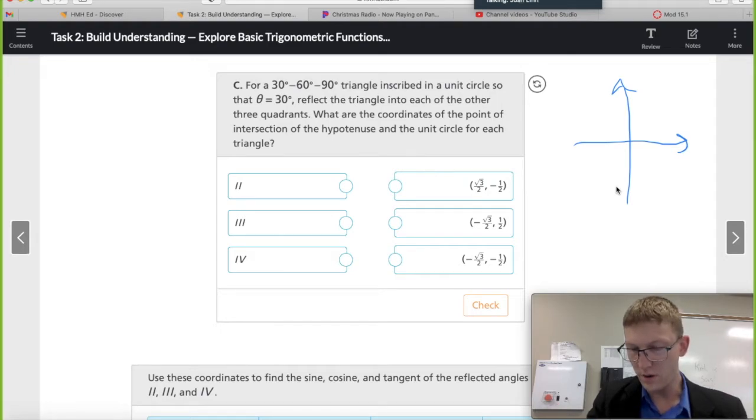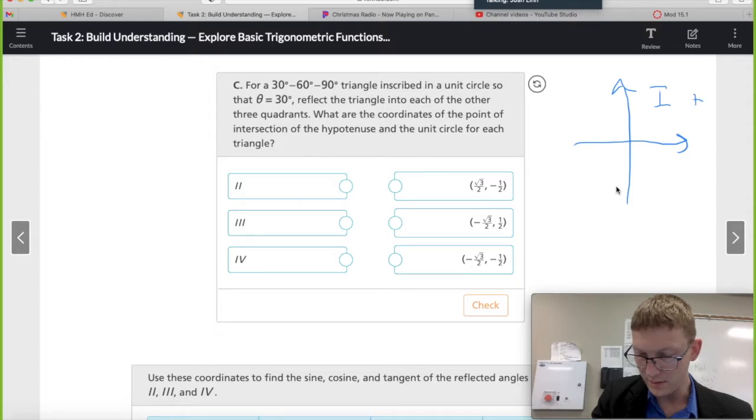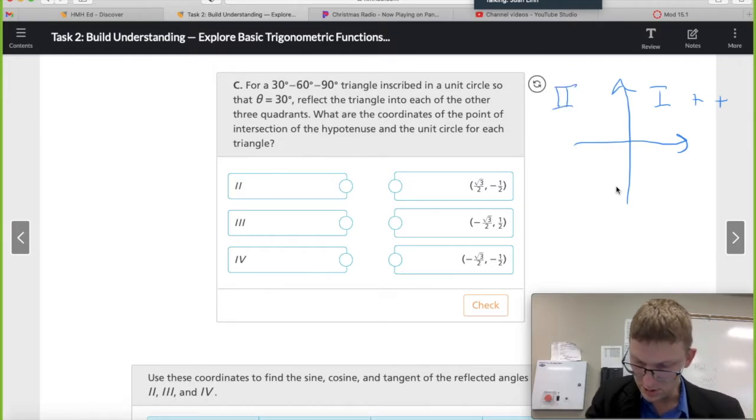What are all of your sine and cosine going to be in quadrant 1? They will both be positive, right? Positive, positive. What about quadrant 2? Oh, shoot, that looks terrible. What about quadrant 2? So x is going to be negative, y is going to be positive. And quadrant 3, x is negative, y is negative.